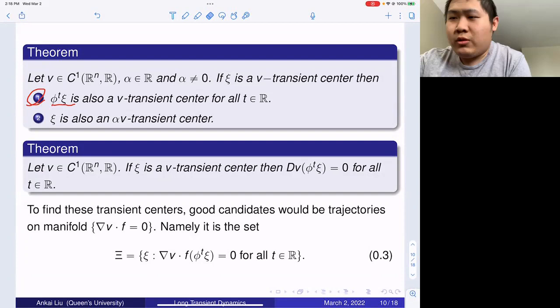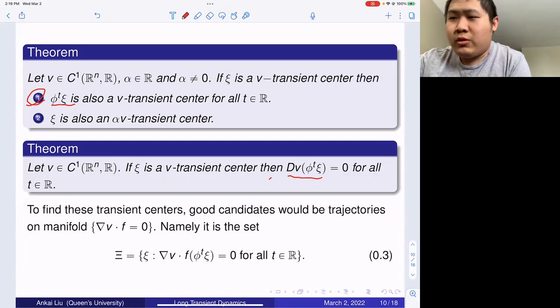With this theorem, we can furthermore prove the second one, which is, if psi is a V transient center, then the dV value evaluated along the trajectory has to be 0 for all t.